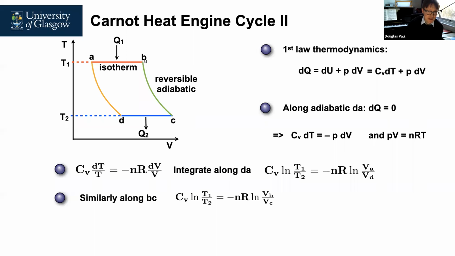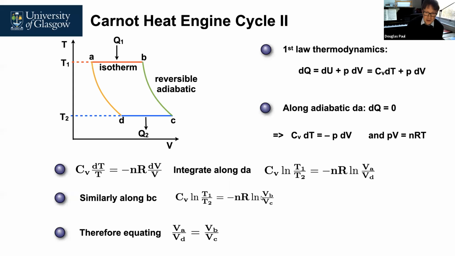Similarly, we can do an identical process over B and C. We're going to get an identical equation, but with VB over VC. So you can now see why we've used T1 and T2, so that we can get these coming out in our system. Basically, we've got CV log T1 over T2 equals the same on this side, so we can equate these two parts. The minus nR cancels out.